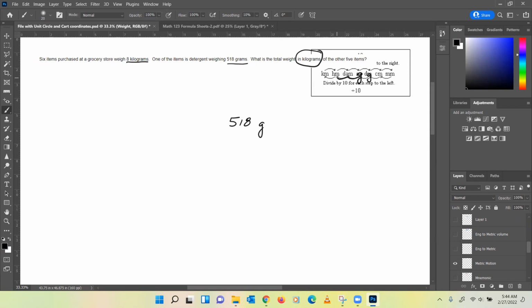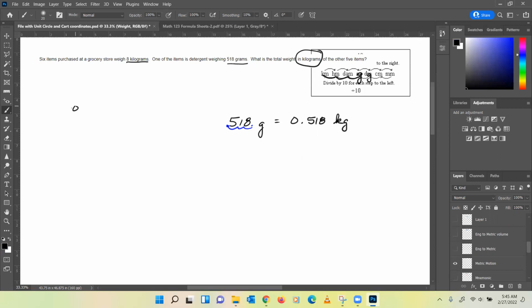I move the decimal to the left 3 times. Well, right now, the decimal is at the end. Move it 3 times to the left, and I have kilograms. So that tells me that 518 grams is 0.518 kilograms.